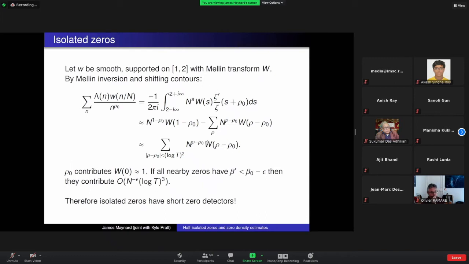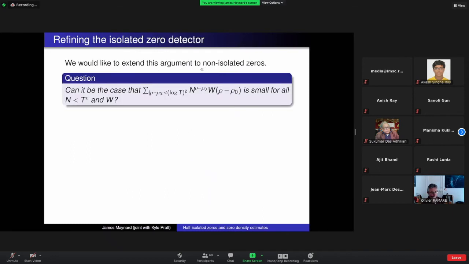So a natural thing to try is to understand this argument and refine it to also include zeros that aren't isolated, and certainly to include half isolated zeros. So a natural question then is: is it always the case that when you're evaluating at a zero rho 0, the right-hand side is large?